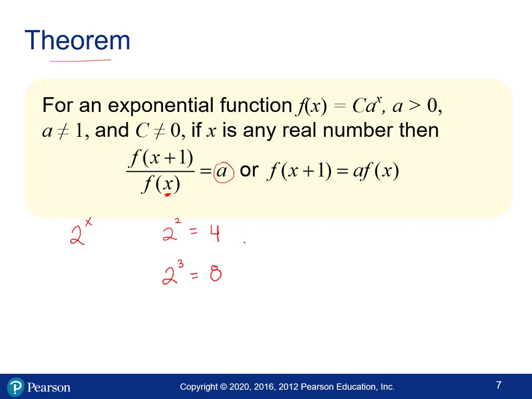And now if I divide those two numbers, so if I divide the second one by the first one, look what I get. I get the growth factor, 2. And that would happen every time. If I pick the next value for my power, let's say it's 4, that's 2 to the 4th is 16. And if I divide the next value by the previous one, I get that growth factor. So that's what this theorem is saying.